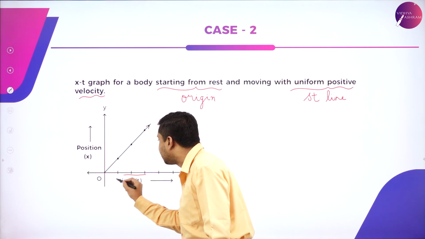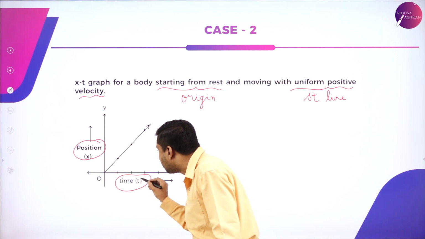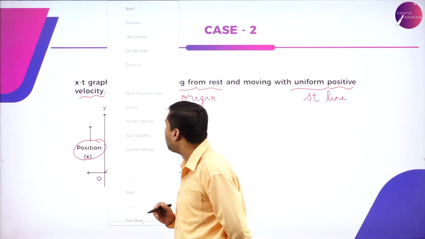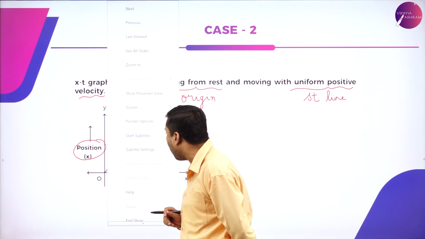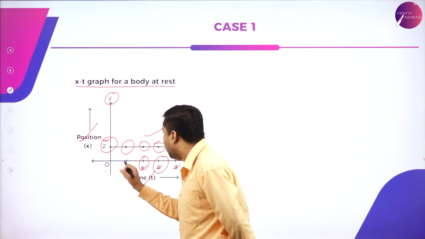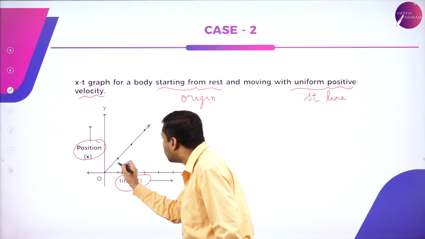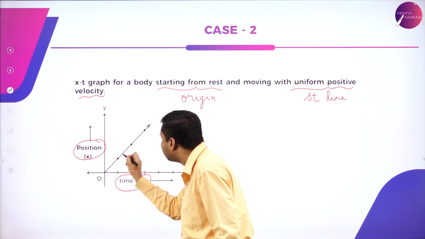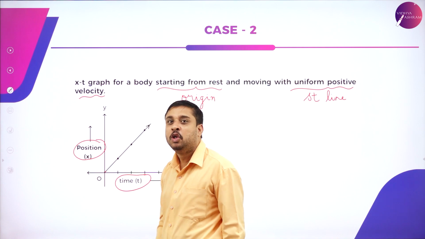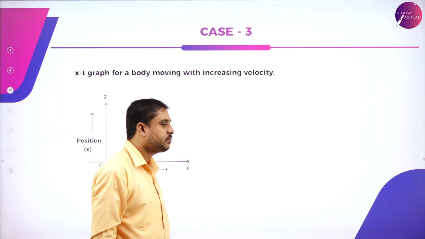Again, x-axis, time, y-axis, position, xt graph. Initially, the position of the body is found to be at the origin. As time increases, position also increases along a straight line, which means it has uniform positive velocity. Next one.